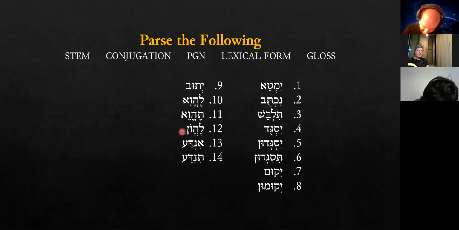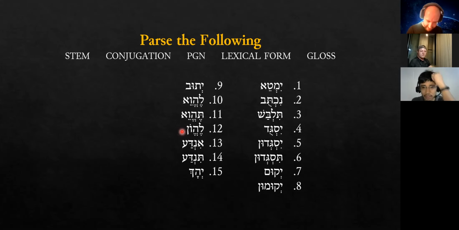So we're on number 14 for Hosea. Pinda. Stem: peal. Conjugation: imperfect. PGN: third feminine singular, second masculine singular. Translation: she will know or you will know. Number 15.